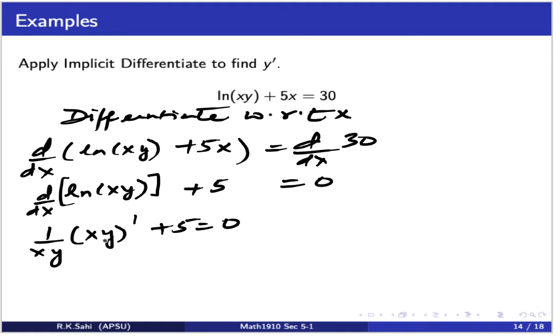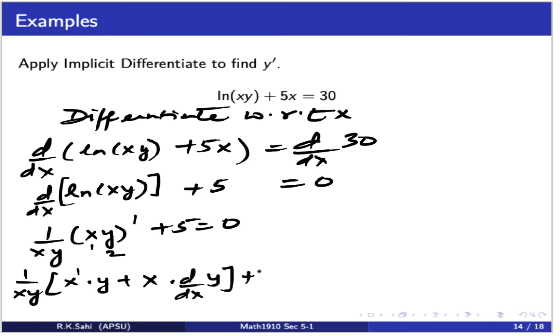Now the differential of xy is a product of two functions. So it's going to be what? 1 over xy times the differential of the first function times the second function, plus x times the differential of the second function, plus 5 equals 0.